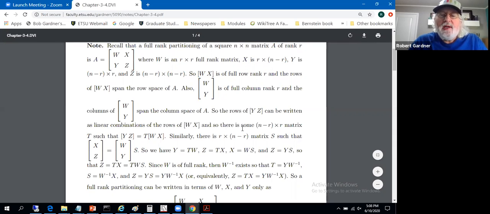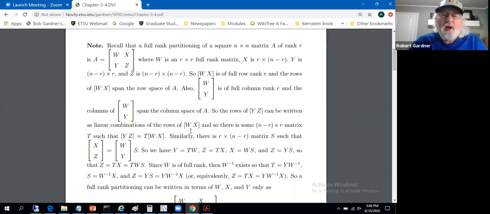All right, so we want to express linear combinations of the rows of [W X] in such a way that we produce the bottom part, the rows in the [Y Z] part. This requires an n minus R by R matrix, let's call it T, such that the bottom part, the [Y Z] part, equals this matrix T times the top part of the matrix.